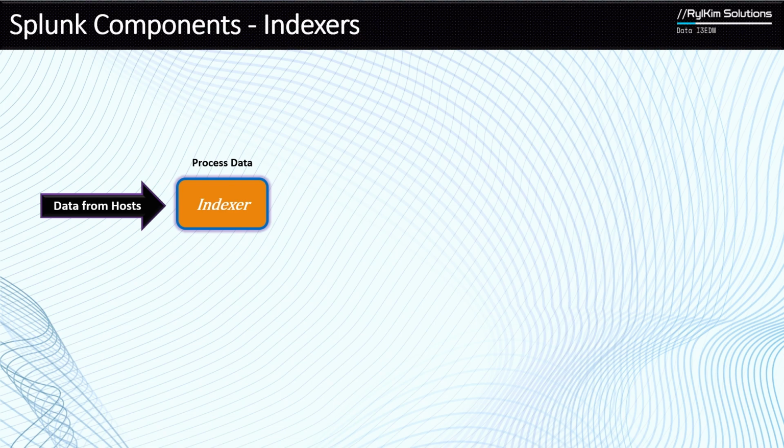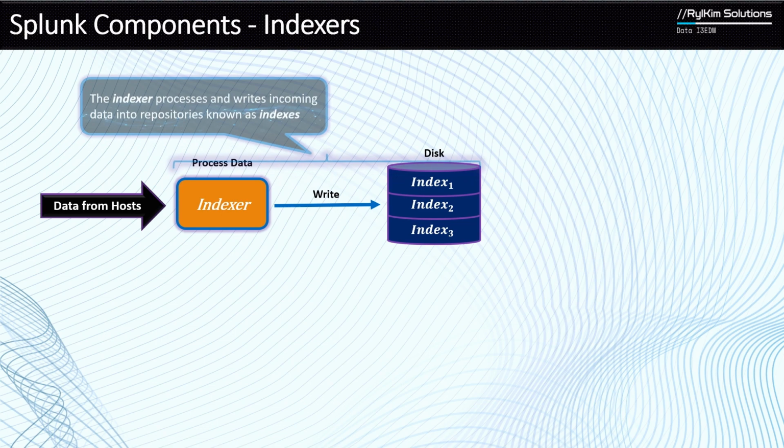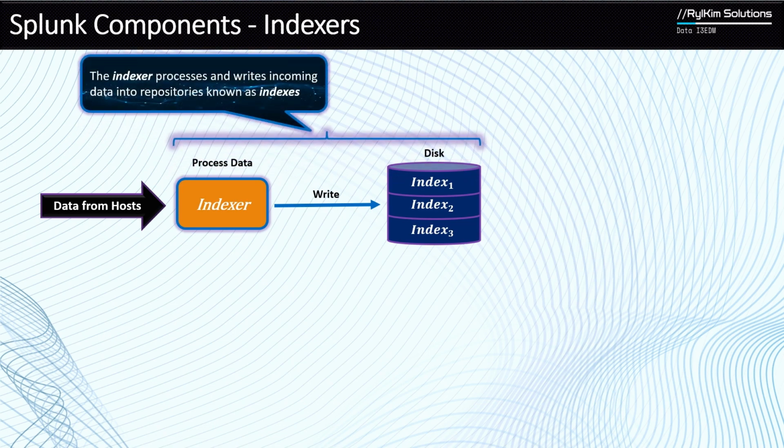So when all that happens, the indexer writes the data ultimately to disk. That data on disk is organized into different repositories, and these repositories are known as indexes. It is very, very important to get the distinction. The indexer processes the data and then saves the data into repositories on disk, which are known as indexes. So in a nutshell, the indexer processes and writes incoming data into repositories known as indexes.